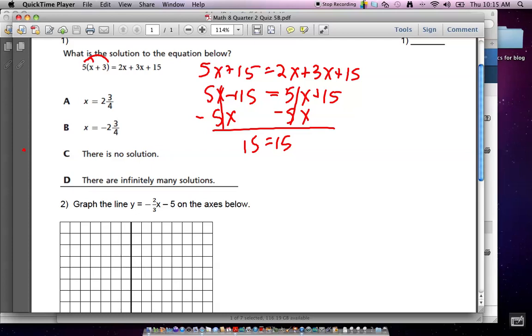Okay. Now, when we get to the point where it says 15 is equal to 15, now we come over here. Is A possibly the answer? No. What about B? No. So now it's either C or D. And the question is, which one of these is it?